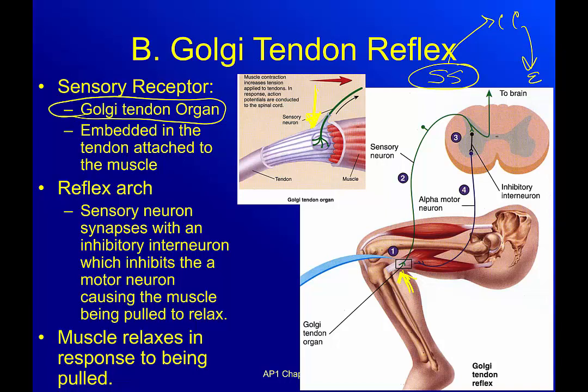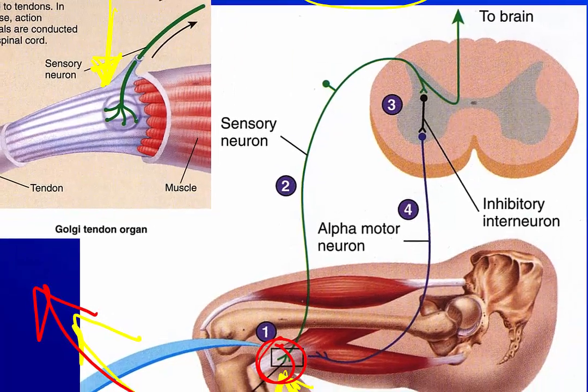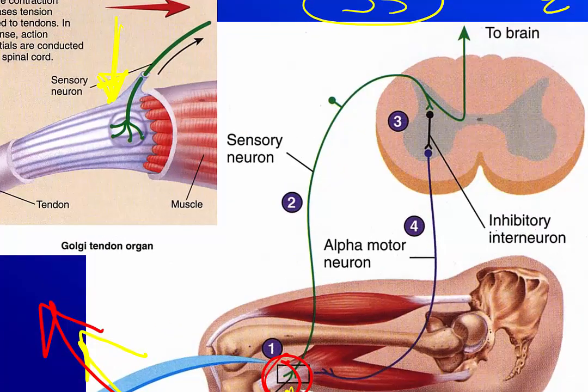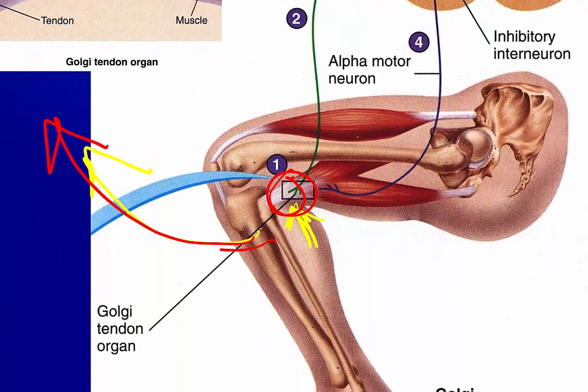So when this gets pulled, when I kick my leg out, it sends a signal up and there is an interneuron, but it's inhibitory, meaning I need to shut this motor neuron off. So I send a signal out that basically hyperpolarizes this alpha motor neuron, meaning that this muscle just goes flaccid. There is no reason for that muscle to move anymore.